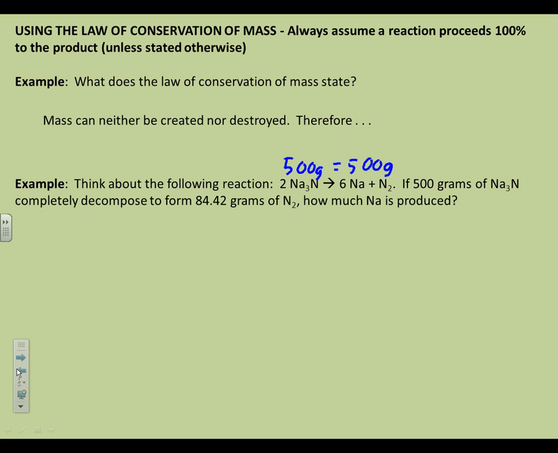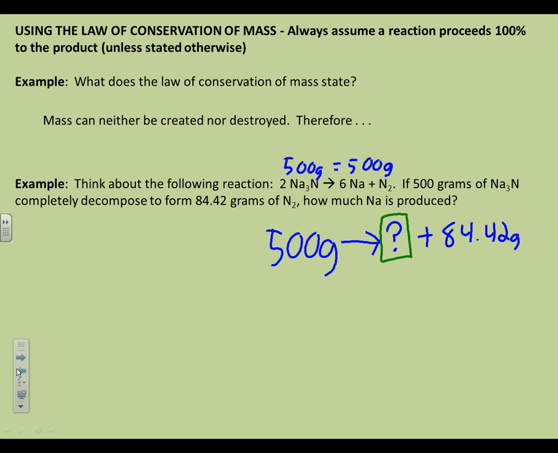Sorry, it was awful. That's all right. So if we start with 500 grams, and that decomposes, we know 84.42 grams is the nitrogen gas. So what portion has to be sodium? In a perfect world, what we're looking for is simply the difference between 500 and 84.42.